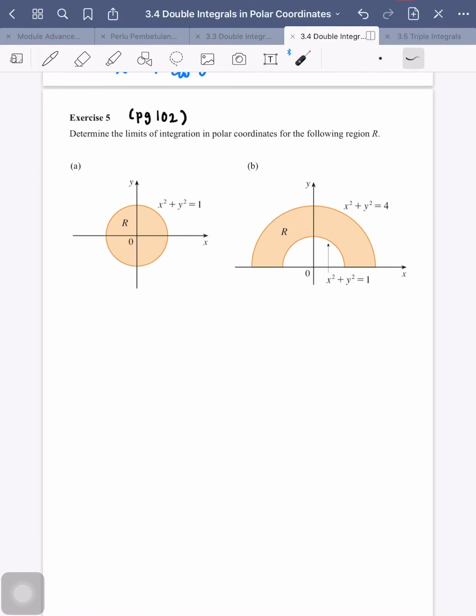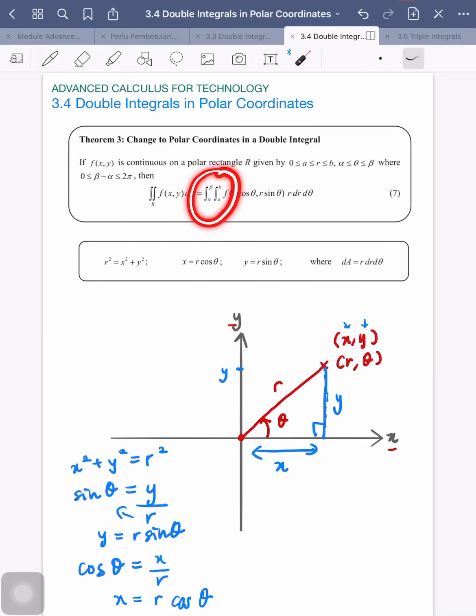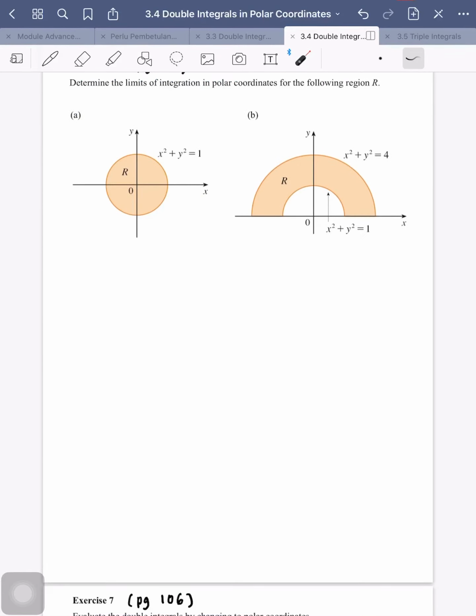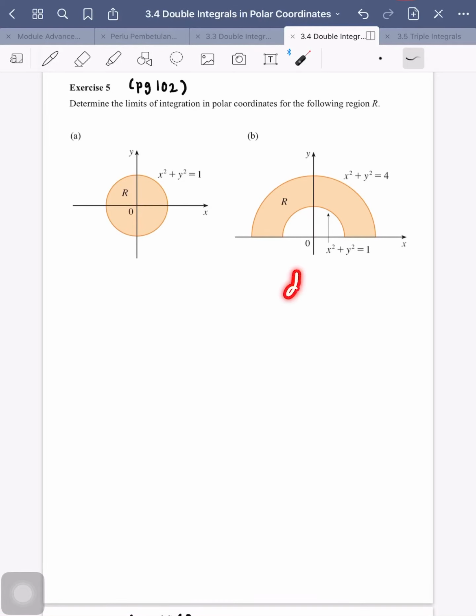By the end of this topic, you should know how to find the limits of polar coordinates, and how to evaluate polar integrals. So we start with how to find the limits first. In the previous level, dy dx you view from bottom to top, and dx dy you view from left to right.